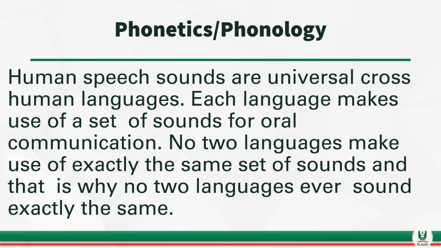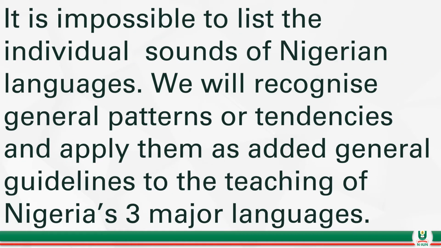There is no language that is not unique, and you cannot study a language through another language. So you need to study a language through its sounds, its alphabet, and other things that are peculiar to that language. That is why no two languages ever sound exactly the same.